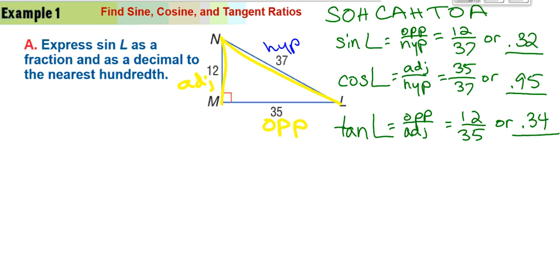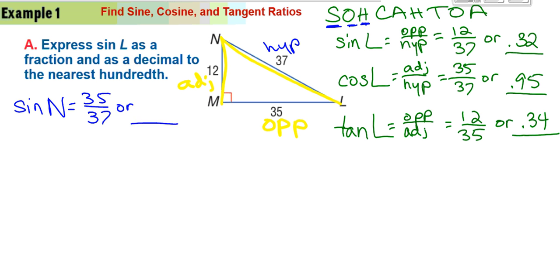And then we'll write all of these same trig functions. So first we'll do the sine of capital N. And the sine of the angle is the opposite over the hypotenuse. And so the sine of N is equal to 35 over 37.